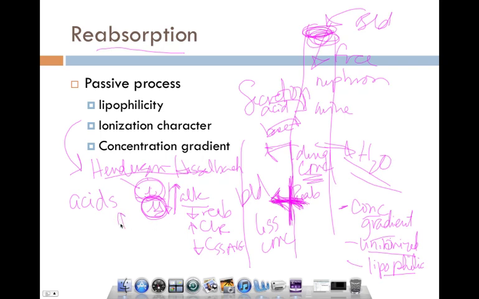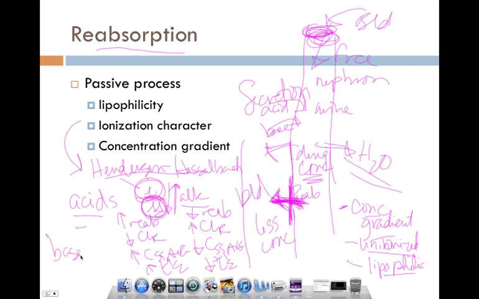So that's going to increase reabsorption, which will decrease renal clearance, and therefore, wait a minute, that's wrong. If you decrease renal clearance and increase CSS average. No, this is correct. And also it will change half-life too, right? So it will increase half-life. This will decrease half-life if everything else stays the same, right?